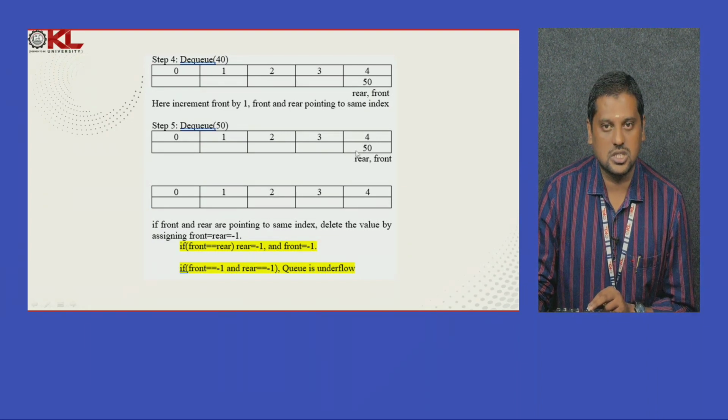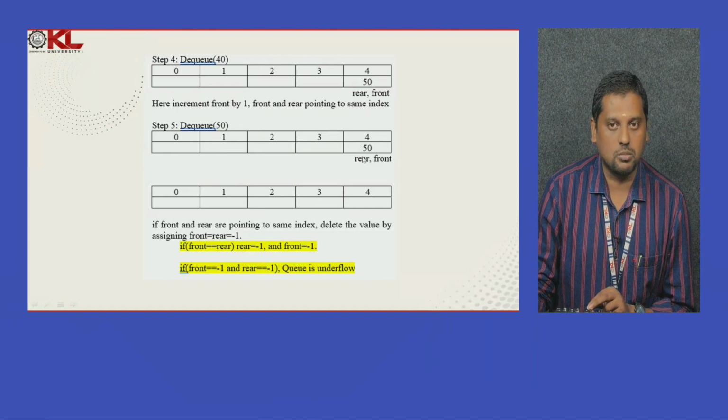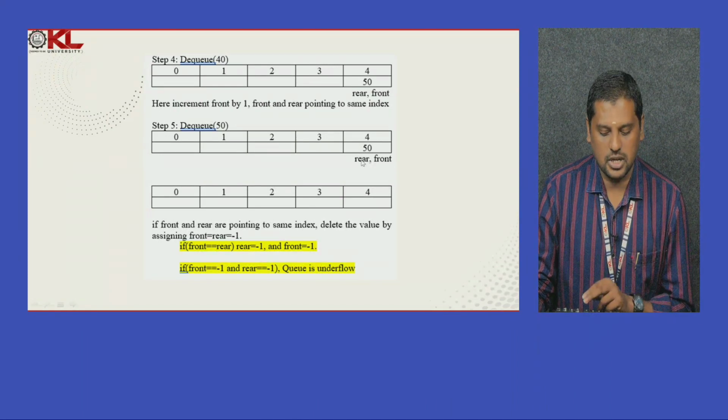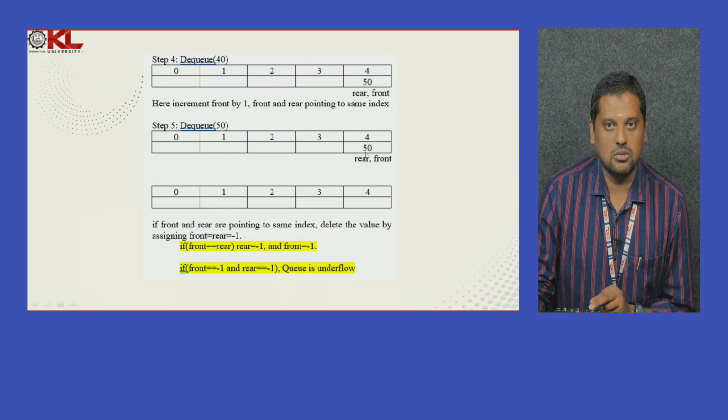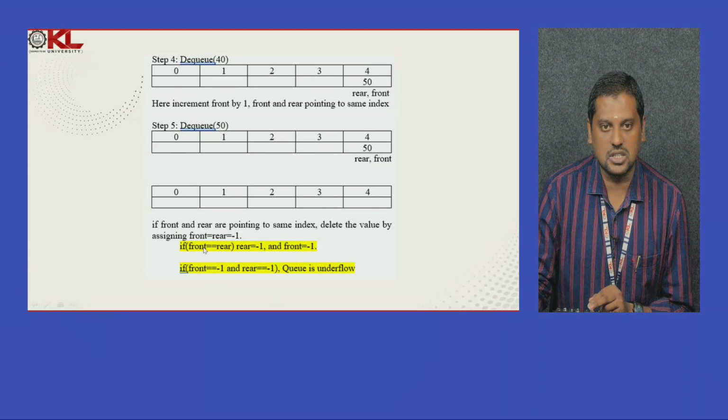If that is the case, what is that we have to do? So be very clear, once if your front value is greater than the rear value, it means like there is no elements in the queue. So here we set a condition here, if front and rear both are same, there is one assignment to be done, that is rear value is -1 and front value is -1.